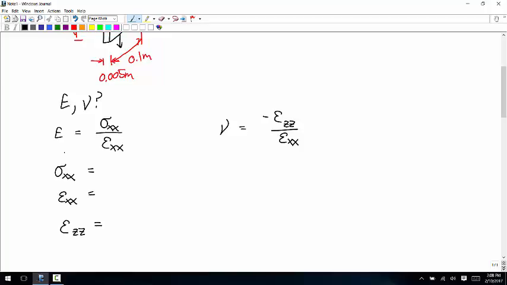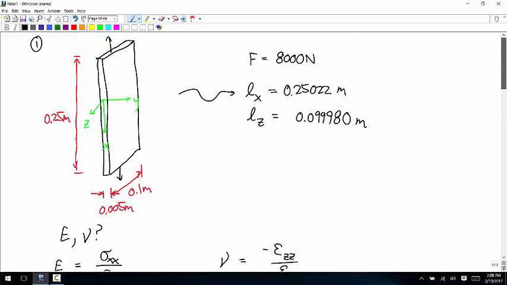The XX stress is the force divided by the cross-sectional area. You can think of that as the cross-sectional area that is resisting that force. So we're just talking about that area there, 0.1 times 0.005.